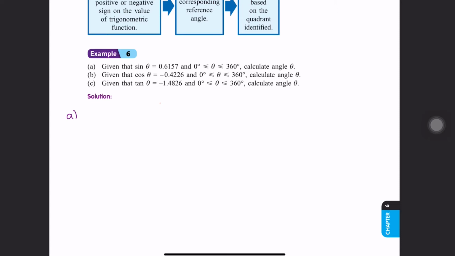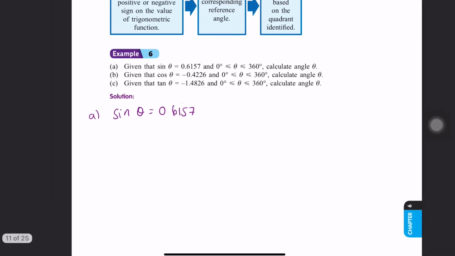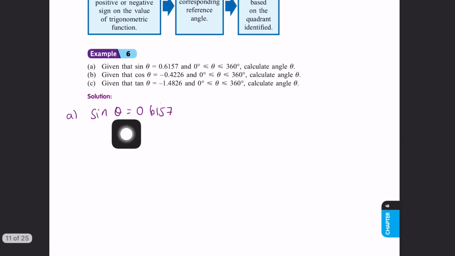Okay, now we have sine theta is 0.6157. Sekarang kita tengok, 0.6157 is negative or positive? So kita dapat positif kan.